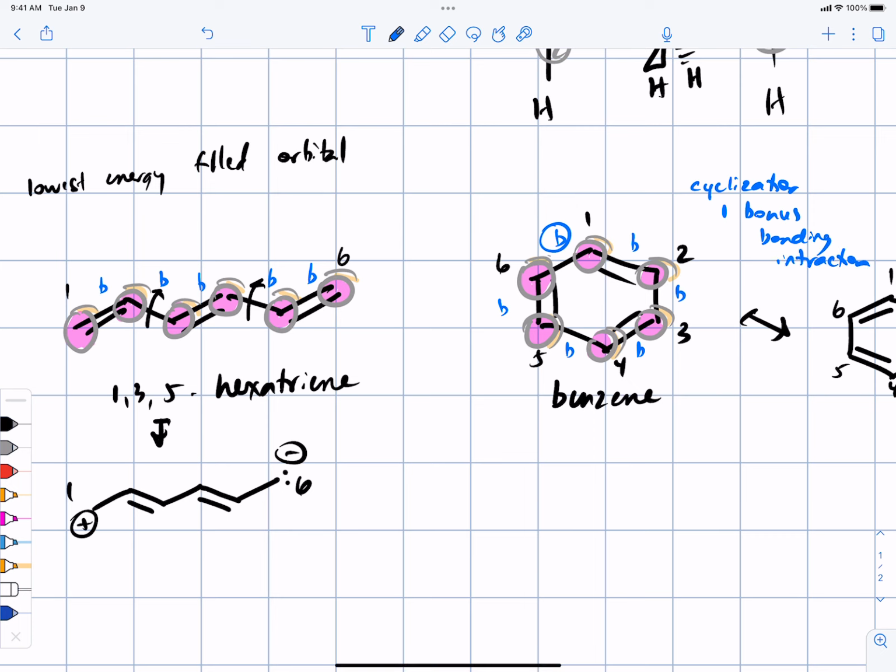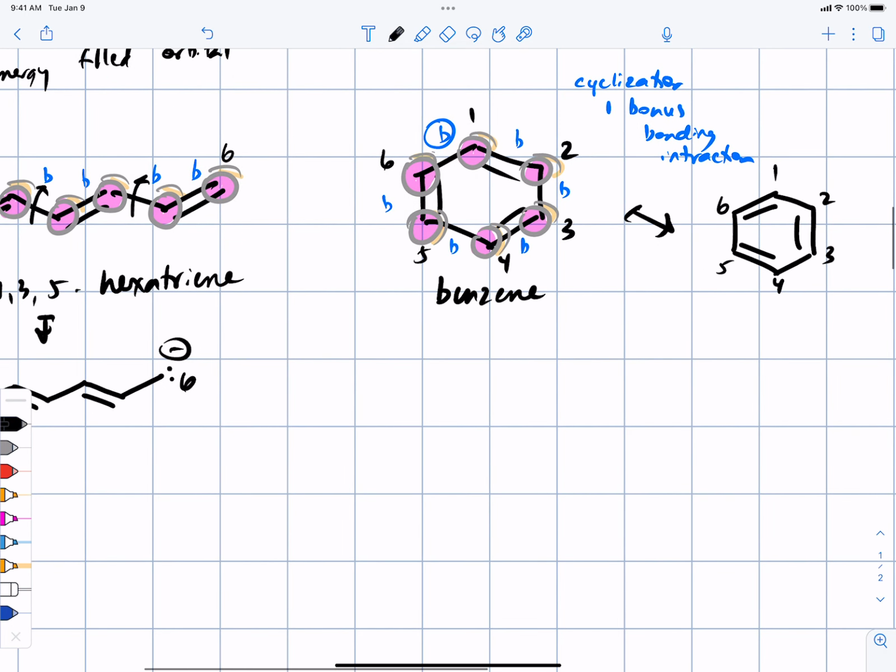And it turns out that benzene's stability relative to 1,3,5-hexatriene is as though it had half of one extra pi bond. And benzene's stability relative to 3 isolated pi bonds is like benzene had a full additional pi bond.